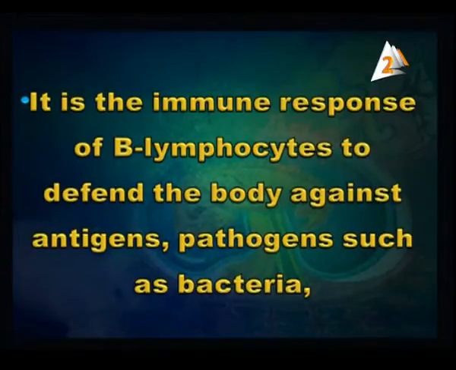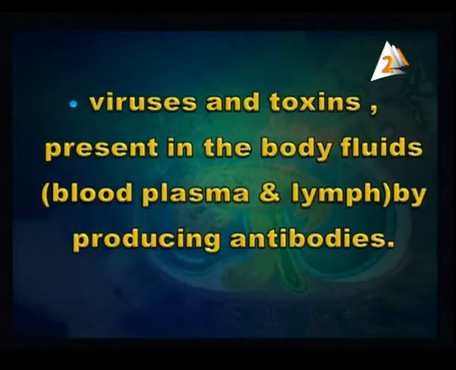It is the immune response of the B lymphocyte to defend the body against antigen pathogens such as bacteria, virus, and toxins present in the body fluid, which is the blood plasma and the lymph, by producing antibodies. So this is the humoral one.